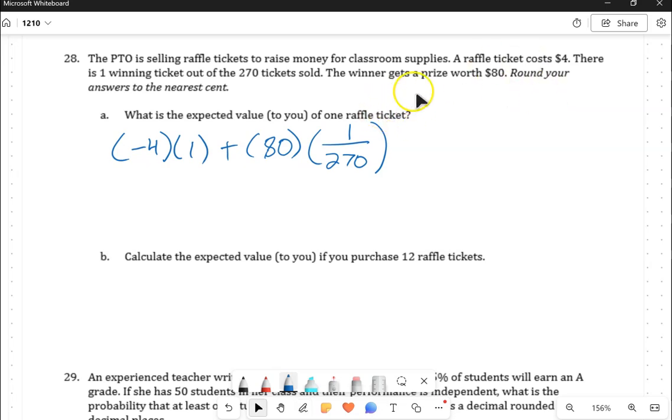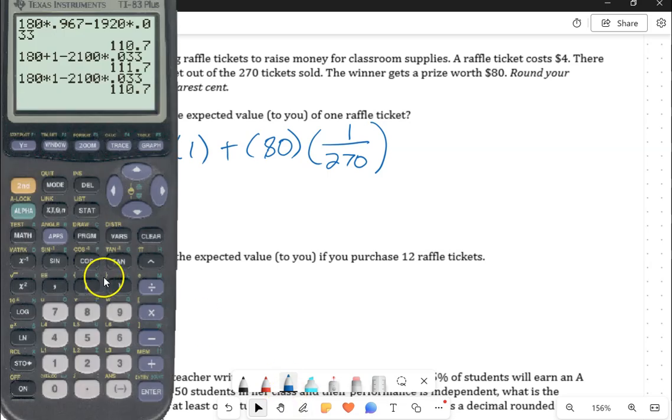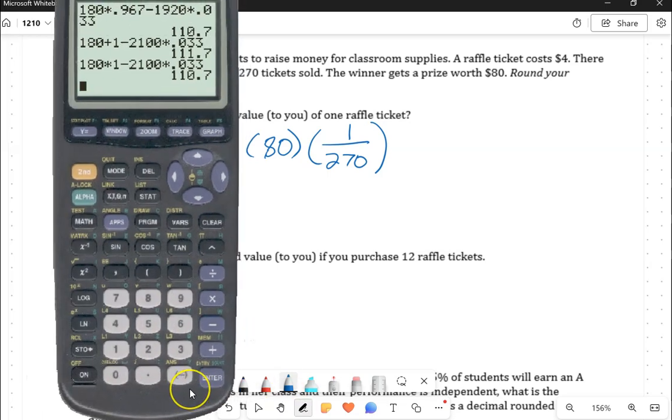Do I get my money back? No. Sometimes they say you also get the cost of the ticket back, in which case you're actually winning $84. In this case, you don't get the cost of the ticket back, so it's just 80. So it's minus 4, 100% of the time, plus 80, only 1 out of 270 of the time.